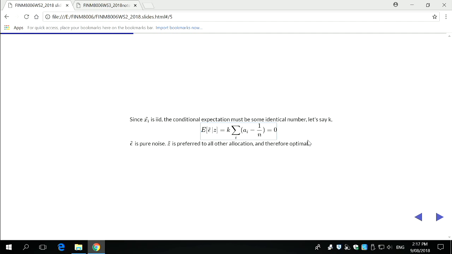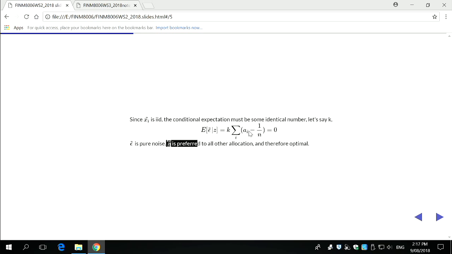So it's 0. That means this epsilon tilde is just pure noise. If it's pure noise, then it's less preferred. So z tilde is preferred to all the other allocations, because we said at the start, alpha_i is any other combination of the weights.